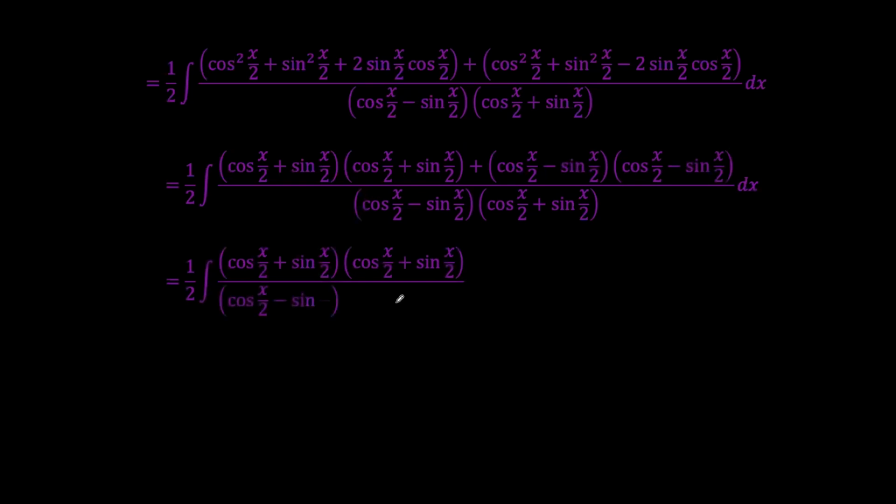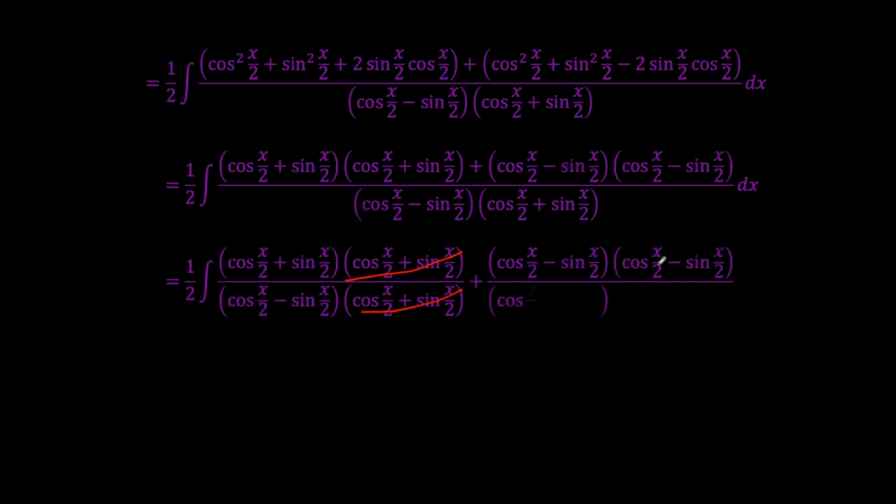Okay, so what we're going to see here eventually is that this cancels out with this. And then what happens here is that since we have cosine x/2 minus sine x/2 twice, this would cancel out with this, right?